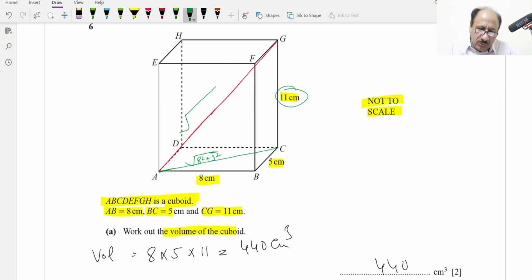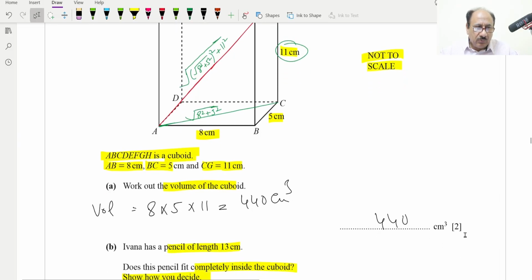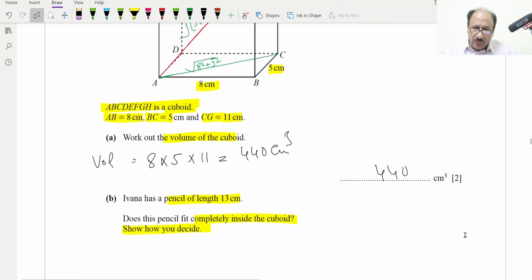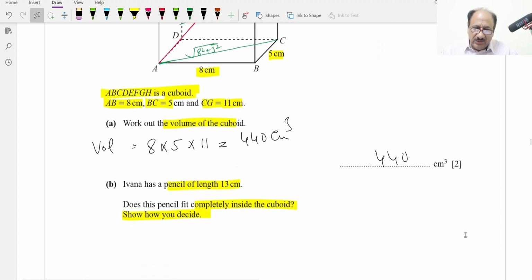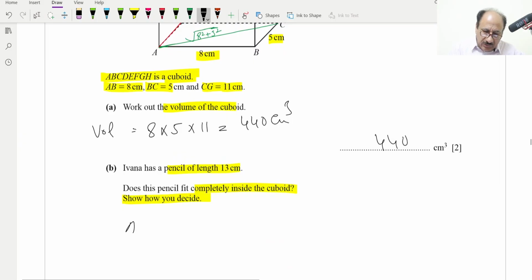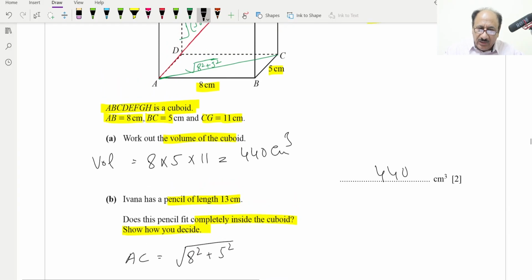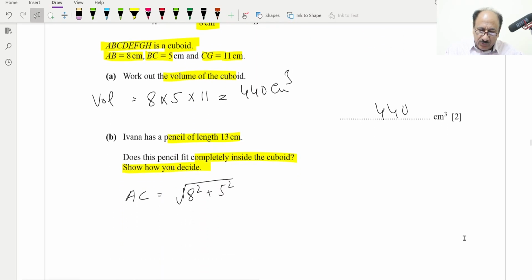This will be the square root of (8 squared plus 5 squared) whole squared, plus 11 squared, and this is basically by Pythagoras theorem. So we will write here working: AC is equal to the square root of 8 squared plus 5 squared, and then AF squared.